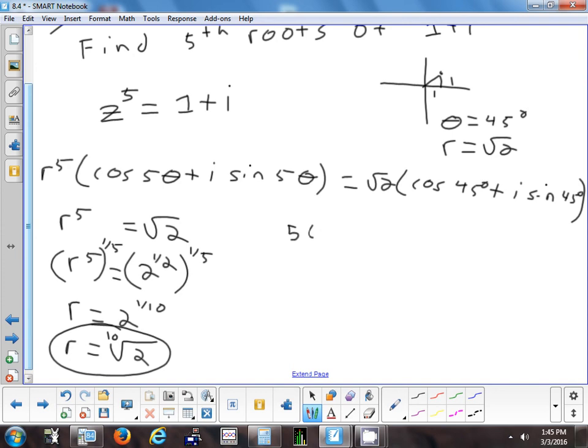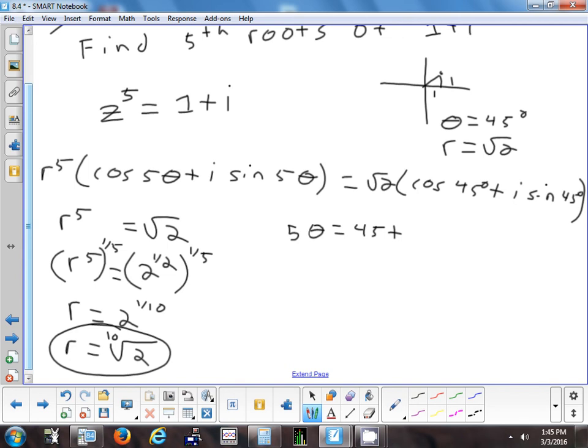Right, now what's my equation to find my 5 angles? What will 5 theta equal? 45 plus 2 pi k. Yep, we could do 2 pi k. I'm going to do degrees this time, otherwise the answers come out messy, and I think it confuses people worse.